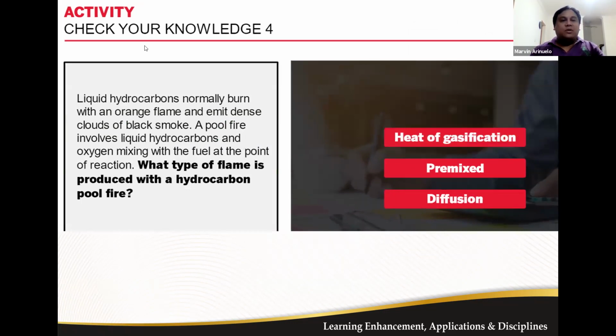Liquid hydrocarbons normally burn with an orange flame and emit dense clouds of black smoke. A pool fire involves liquid hydrocarbon and oxygen mixing with the fuel at the point of reaction. This is the question: what is the type of flame produced with a hydrocarbon pool fire?